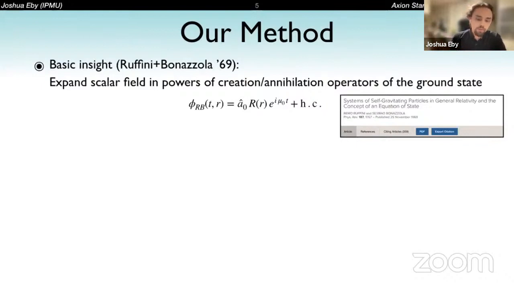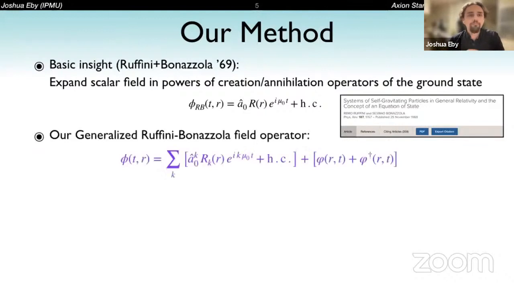So then you end up with a sort of single field in your expansion, the Axion wave function R, and the energy is given by this exponential factor where mu naught is the eigenenergy or the chemical potential, if you like. And they found some of the first configurations we now call boson stars.